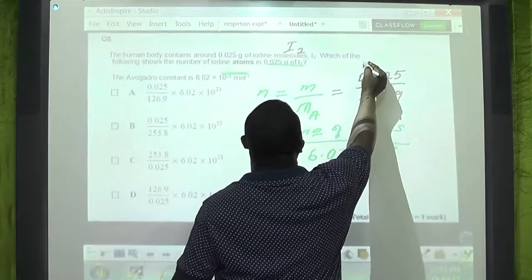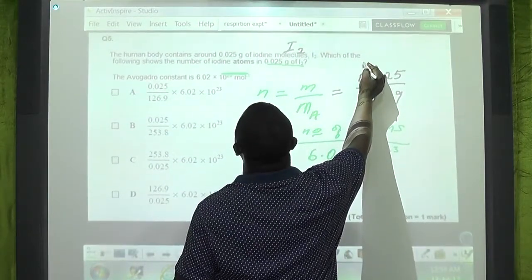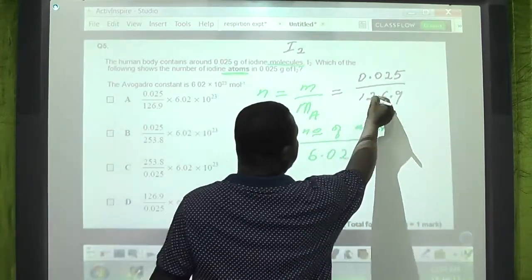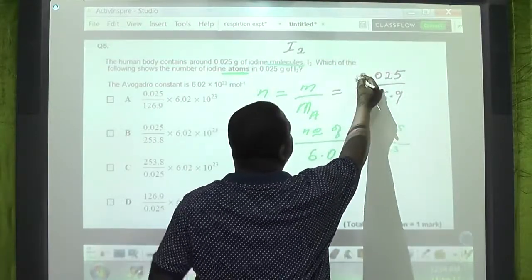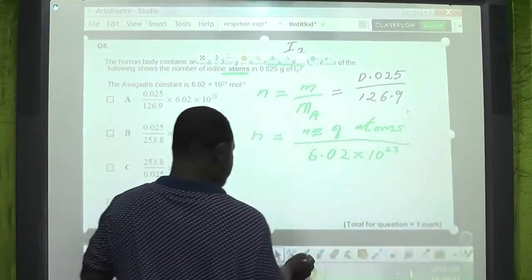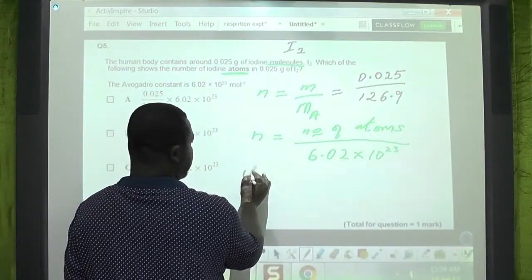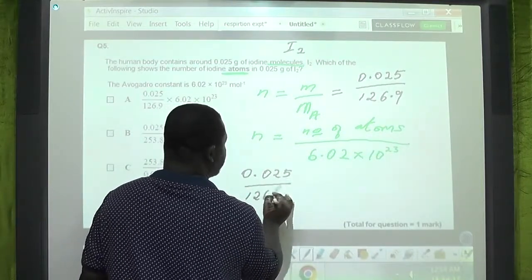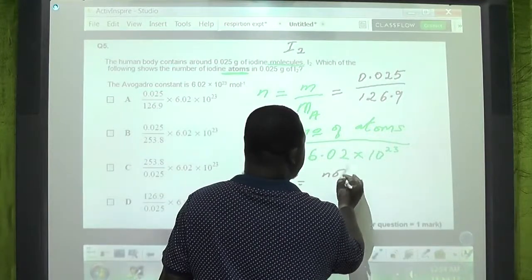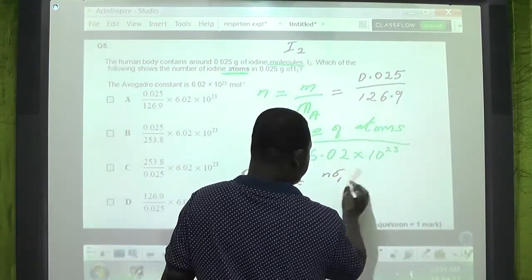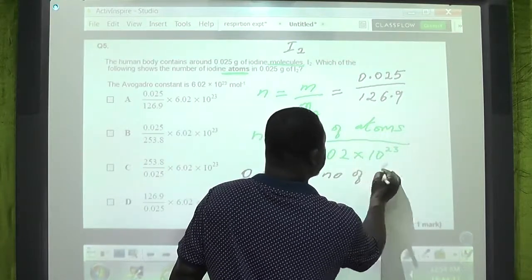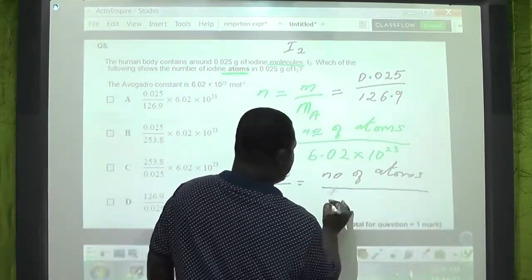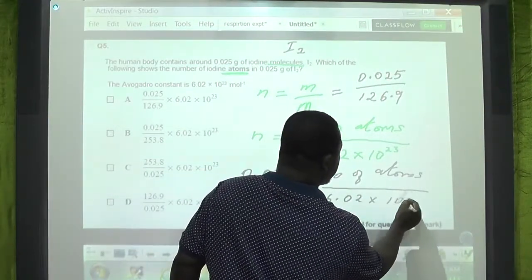So 0.025 divided by 126.9 equals number of atoms divided by 6.02 times 10 raised to the power 23.